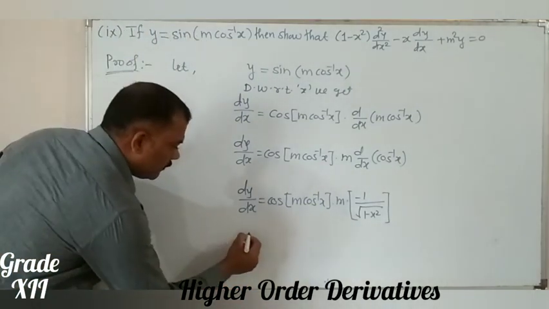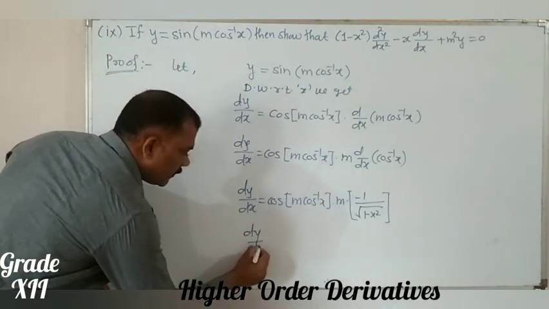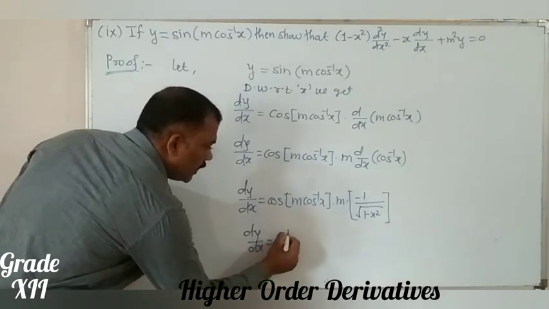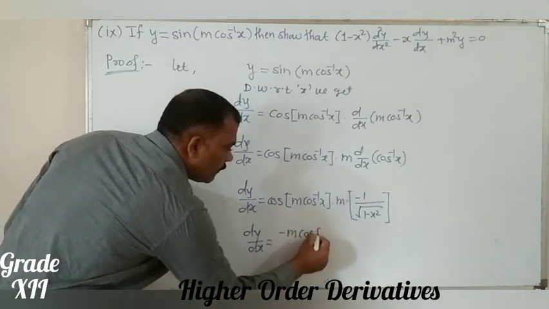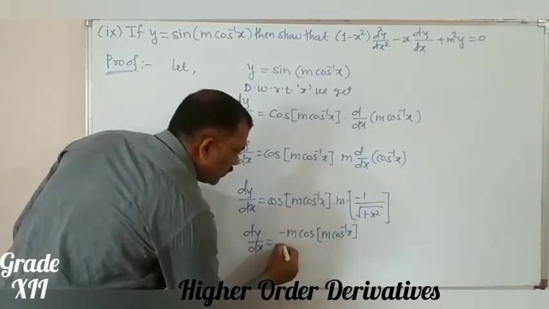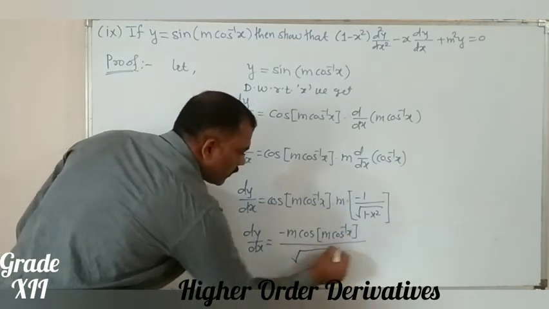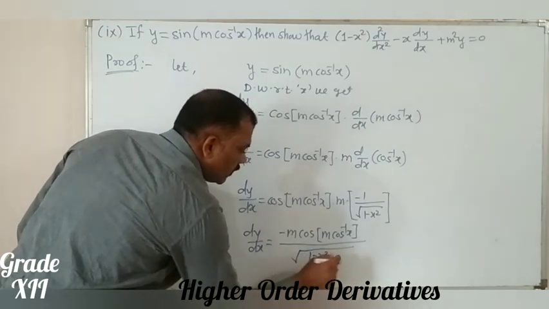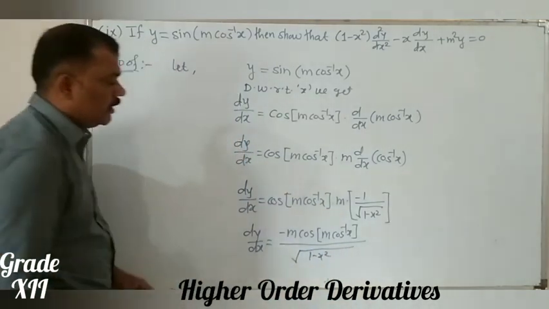This can be written as dy by dx is equal to minus m into cos of m cos inverse of x divided by under square root of 1 minus x square.